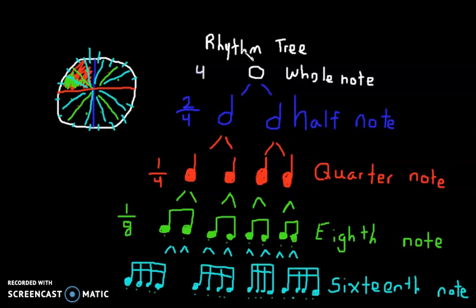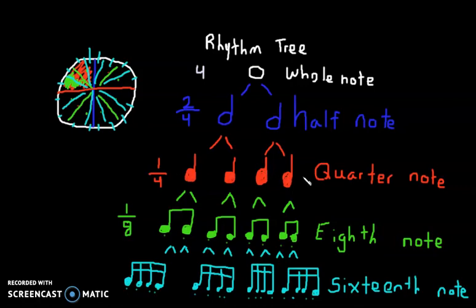We're going to review this real quickly. We have here the whole note, which is 4 beats long. We talked about how 1 half note is 2 beats long, and they're each 2 beats long, so when you have 2 plus 2, it equals 4. A quarter note is a fourth, so it's 1/4 here, 1/4 there, 1/4 there, 1/4 there.